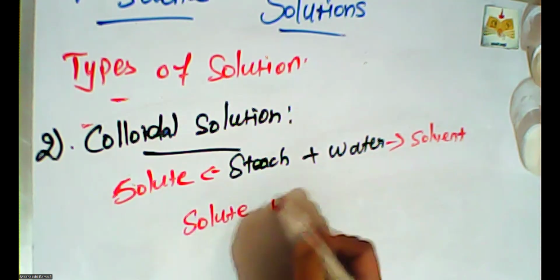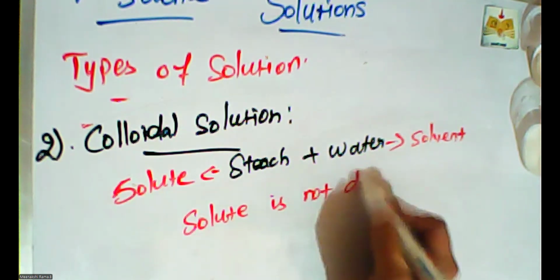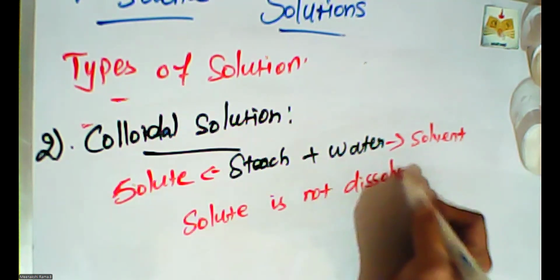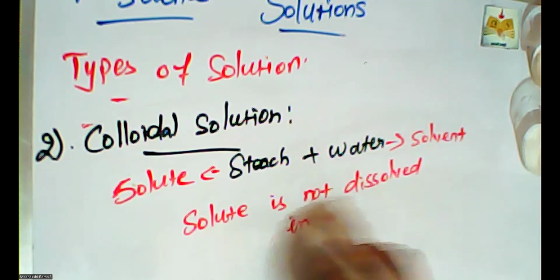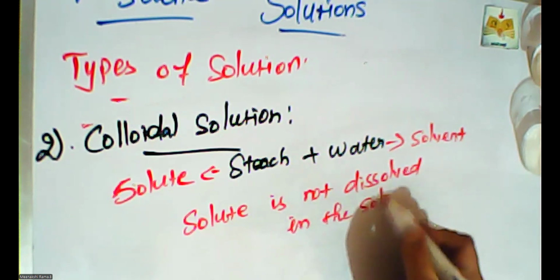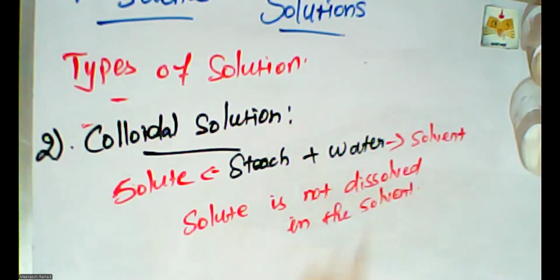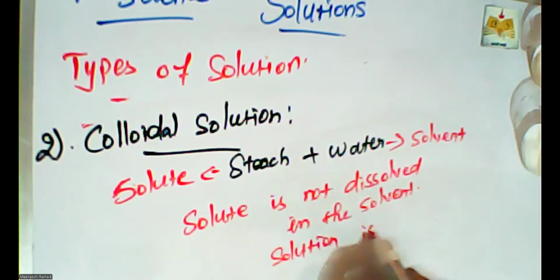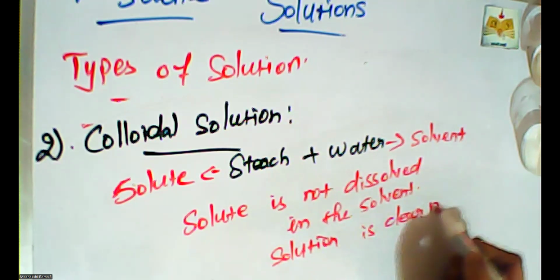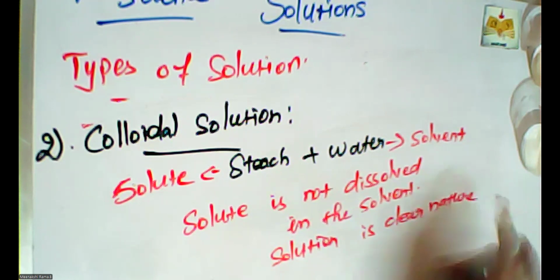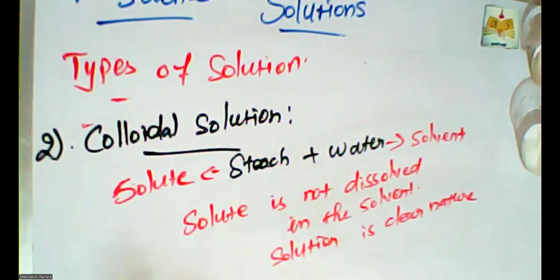The solute is not dissolved in the solvent. So it is called a colloidal solution. The solution is not clear in nature. So this kind of solution is called colloidal.